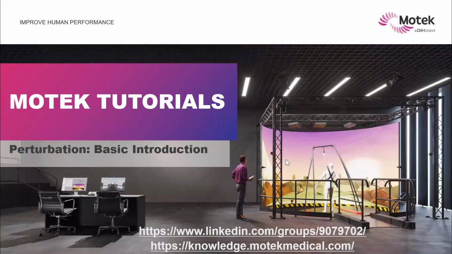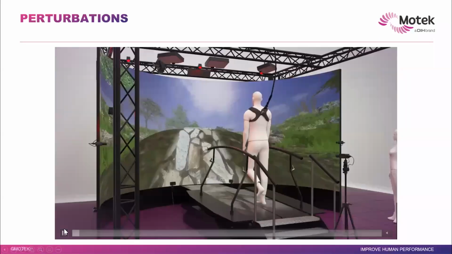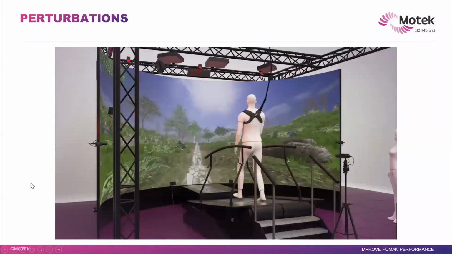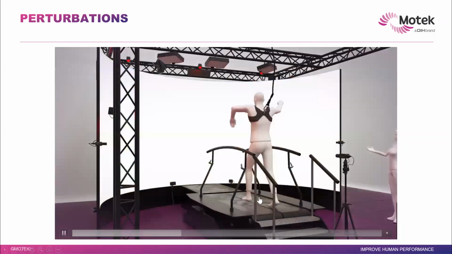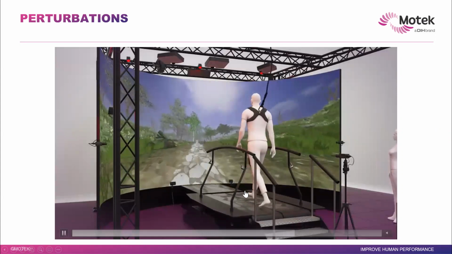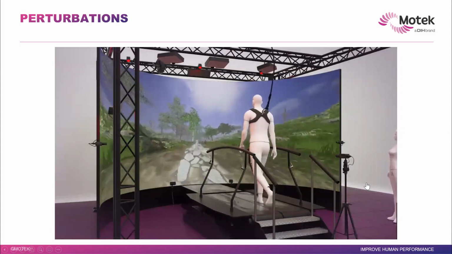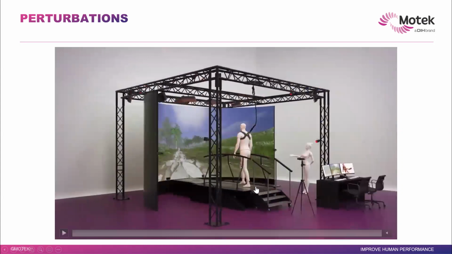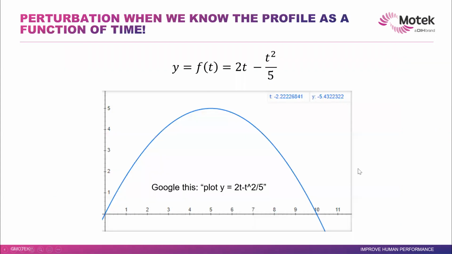Today I'm going to talk about perturbation, some basic introduction. As you know, using Motek devices, you can do this type of perturbation: lateral, up and down, and if you have CAREN and other types as well, it is even possible to perturb the treadmill itself.